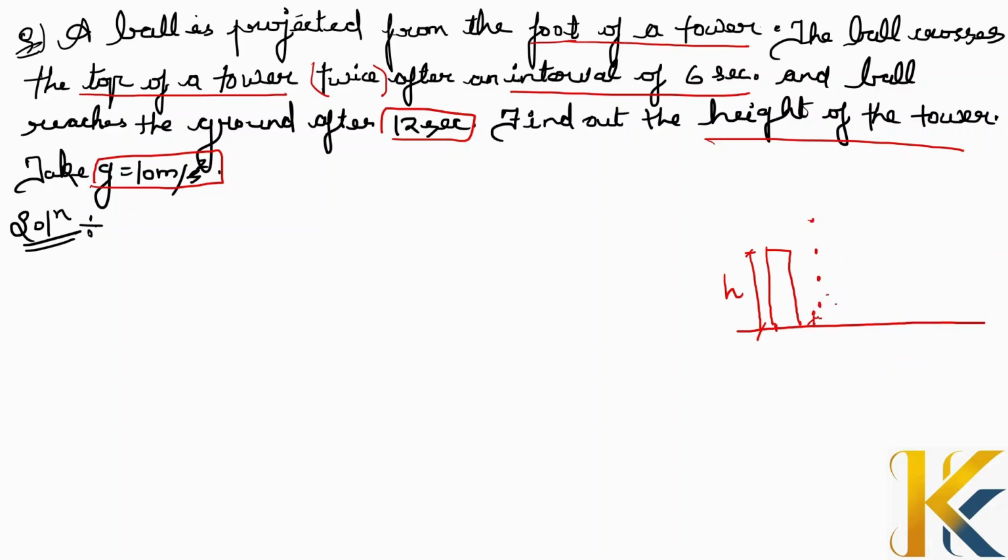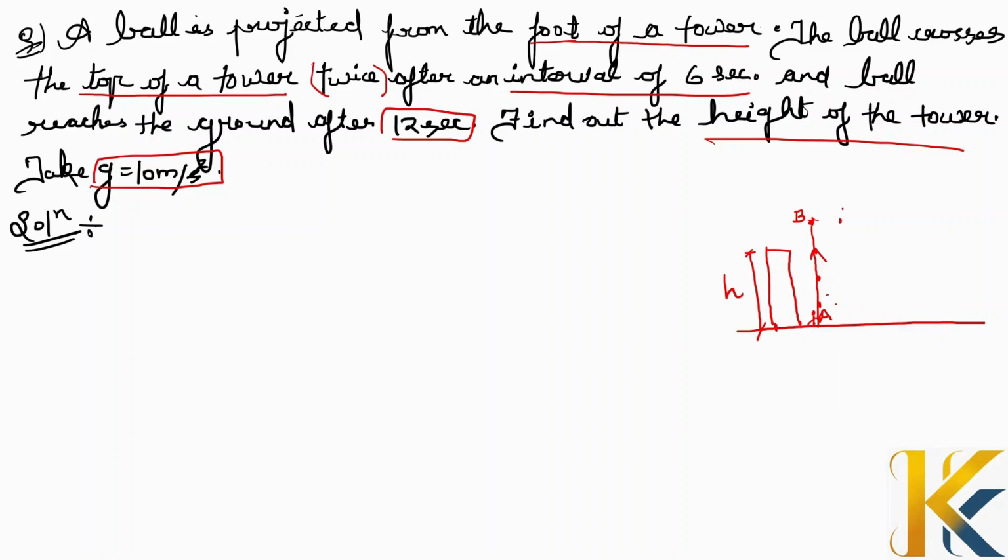Let's say the ball is traveling from point A to this point B. Now every object which goes up will come down. So this is the motion in the upward direction. Now it will come down.